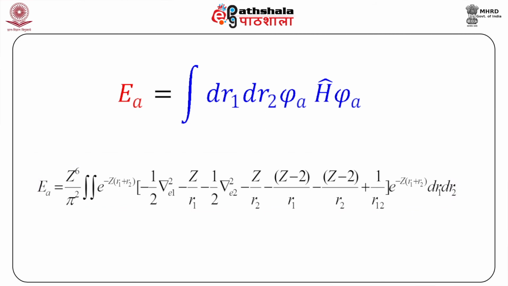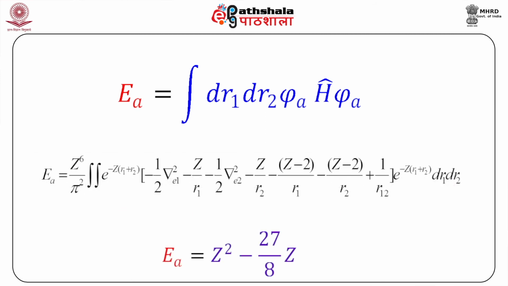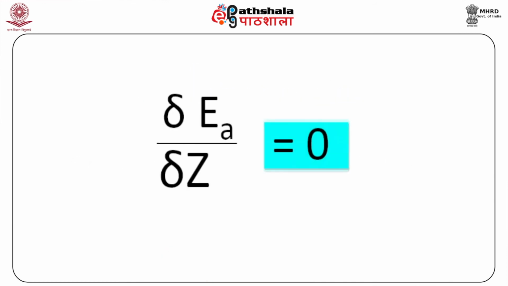This on integration gives equation 17, that is the simplified expression for energy, which is equal to Z squared minus 27 by 8 Z. As it is already known that Z is an adjustable variation parameter, now in order to minimize the approximate energy, equation 17 is differentiated with respect to Z and equated to 0.